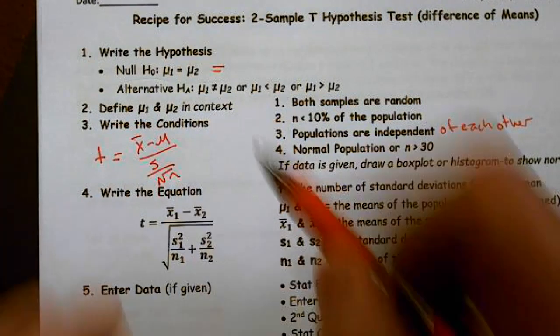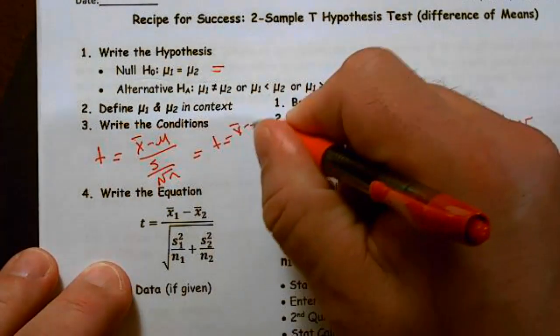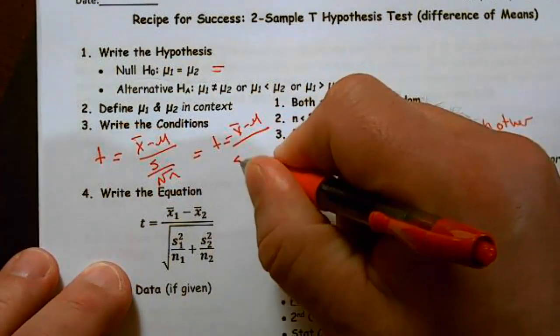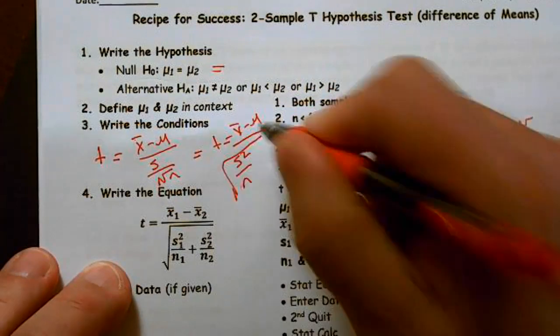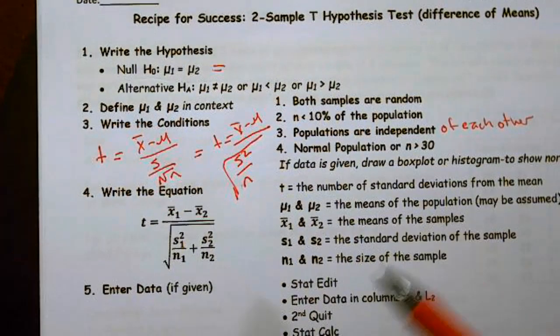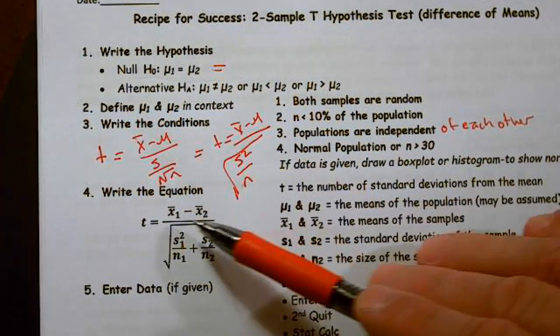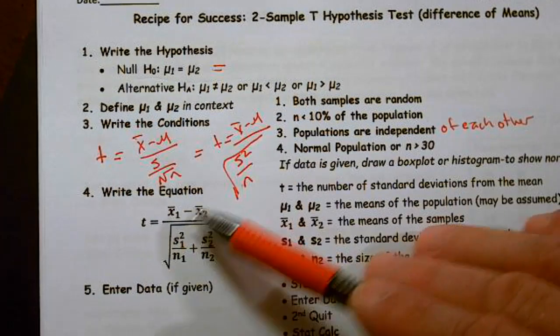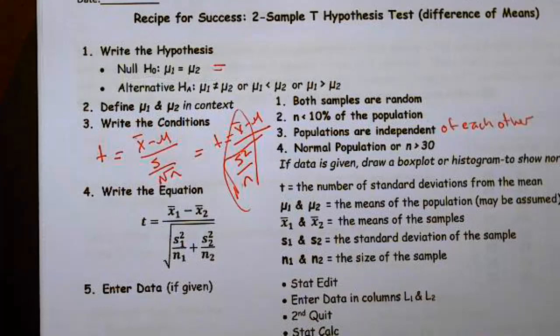Because I could have written this as T equals X bar minus mu, S squared divided by N, like that. But we have two sets of data. So basically I have X bar 1 and X bar 2. So this part's essentially the same. And that's where that comes from, okay?